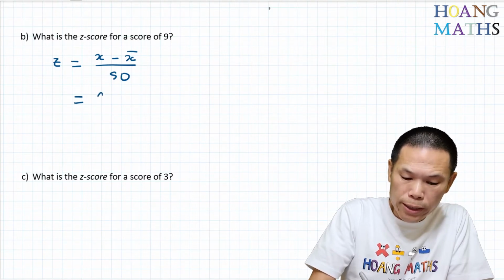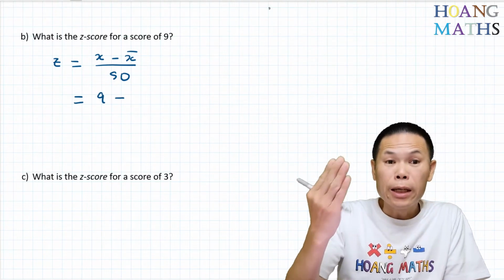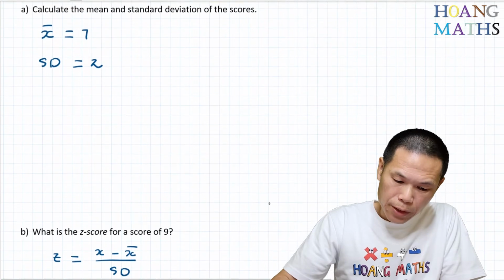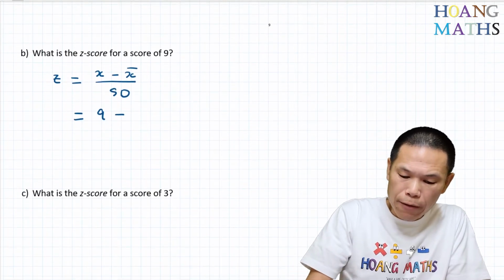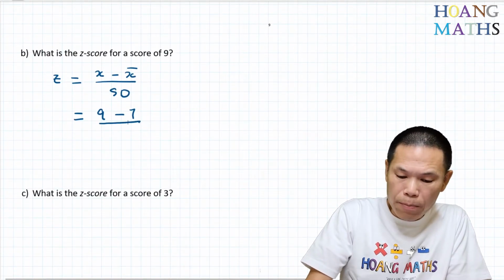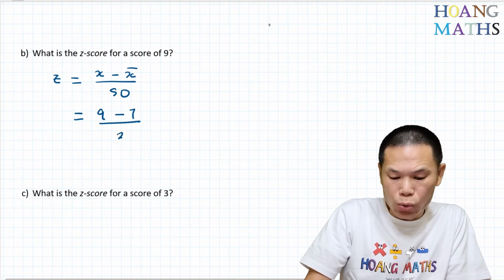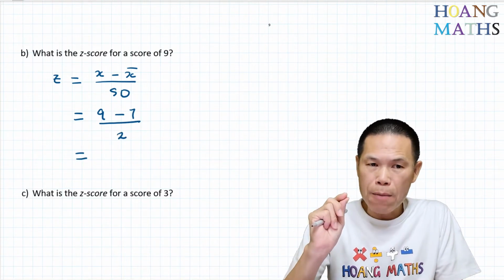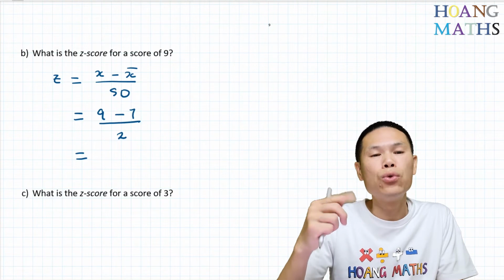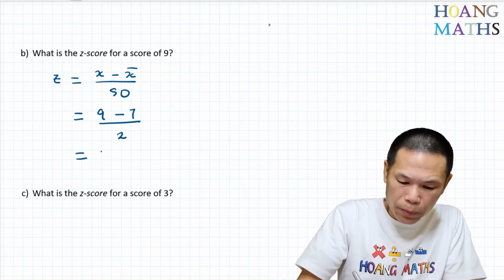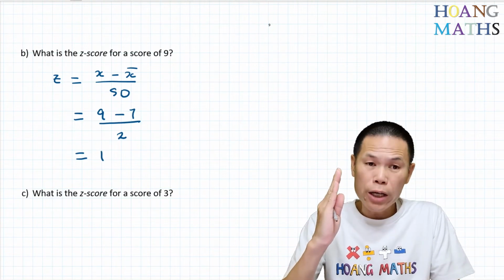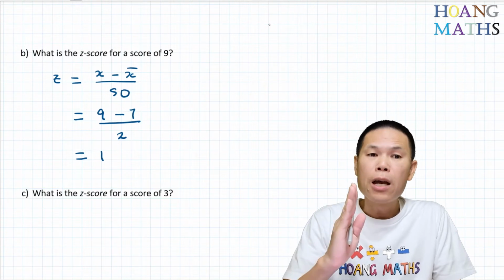So the score is 9, and the mean is 7, and then we divide by the standard deviation, which is 2. And we know that 9 minus 7 is 2, and 2 divided by 2 is 1. So this means that 9 is 1 standard deviation above the mean.